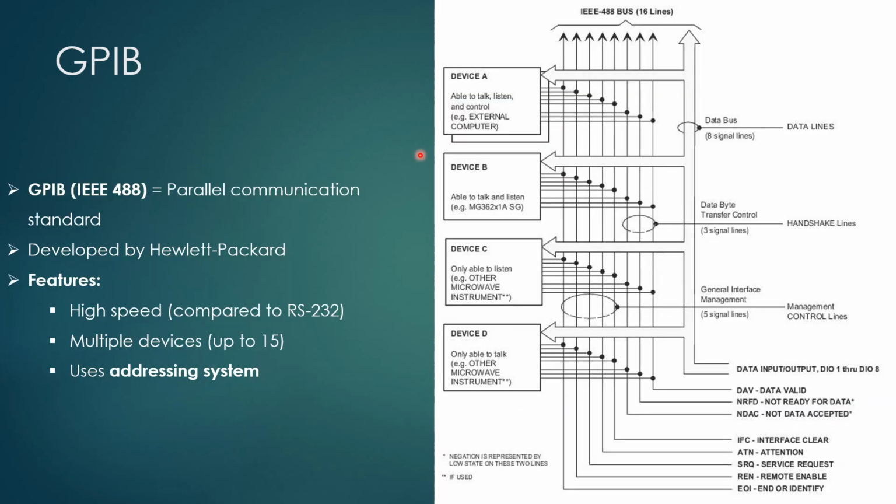So one more diagram shows a pictorial representation of devices which are communicating with the GPIB IEEE 488 bus. So this bus has the same kind of three handshaking signals, where the data lines are here, the handshaking lines are here, and the management or control lines are here.